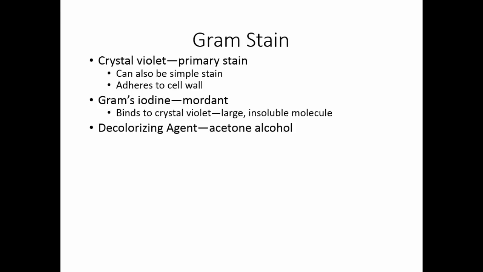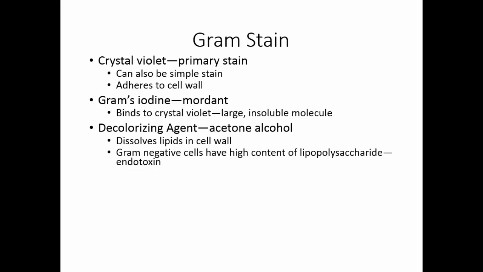The decolorizing agent is usually acetone or acetone alcohol. This is going to dissolve any lipids that may be in the cell wall. All bacterial cells have peptidoglycan in their cell wall, but they don't have the same concentration of peptidoglycan. Gram-negative cells also have a fairly high content of lipopolysaccharide.